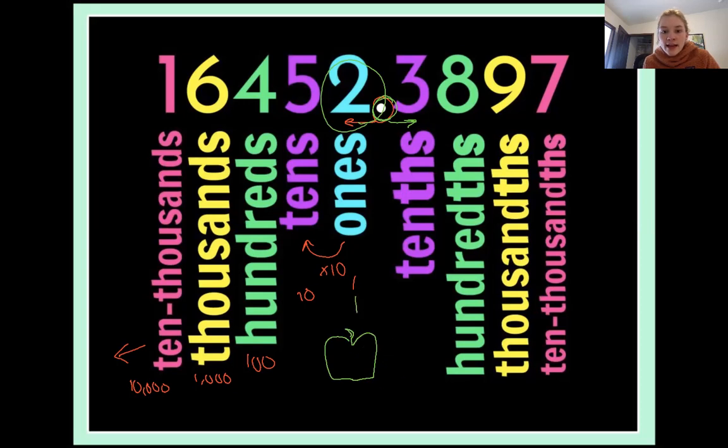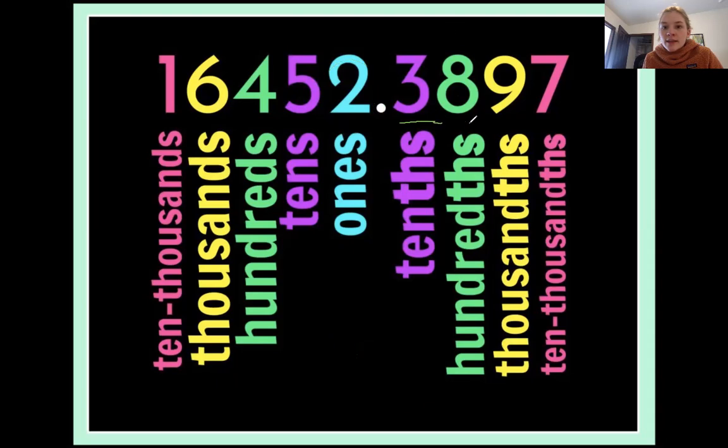Now, if I ate half of that apple, now I don't have 1, I have half. And that could be represented by a fraction, so 1/2 or 0.5. So it's just like a little piece. They get smaller as we go.